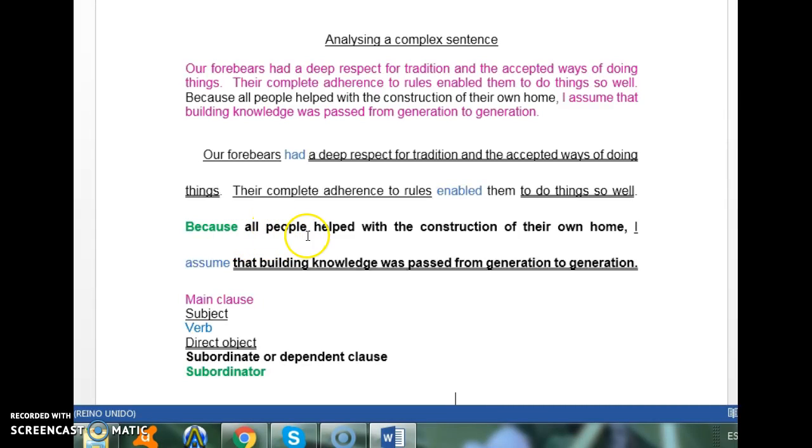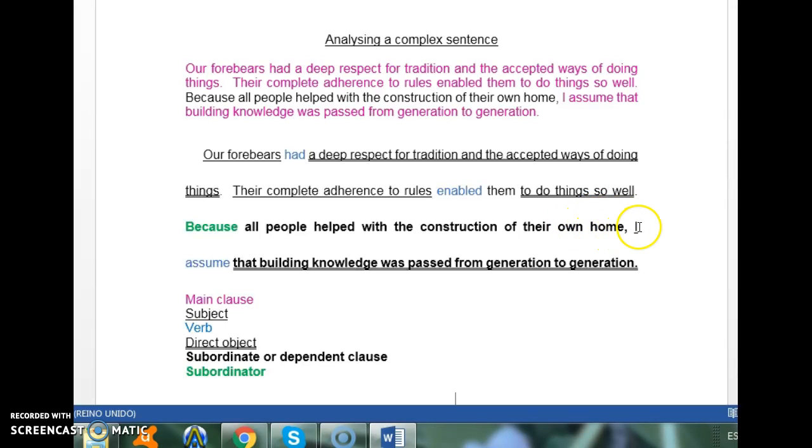So here you have all people as the subject and helped as the verb. And so all this is a subordinated clause, which you can take out of the sentence like it is up here in this part. You can take out the subordinated clause and you will still have a sentence.